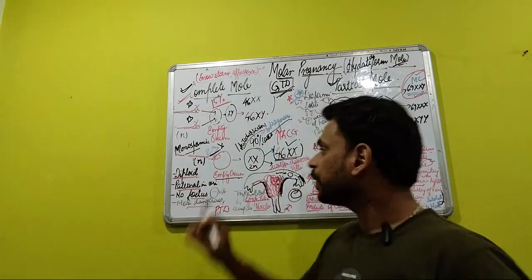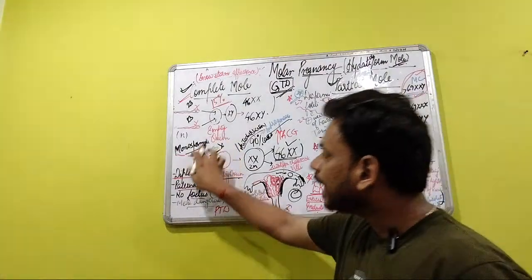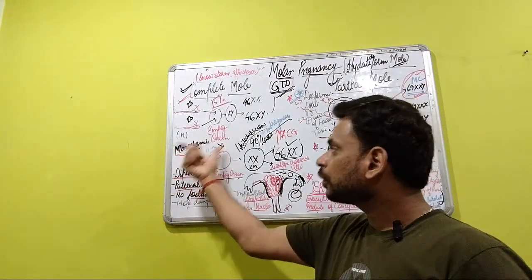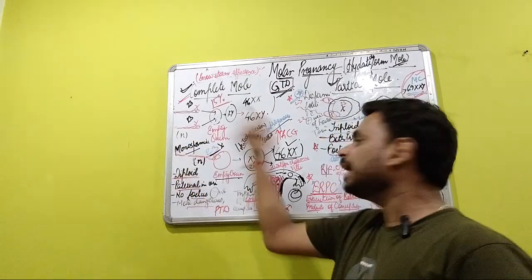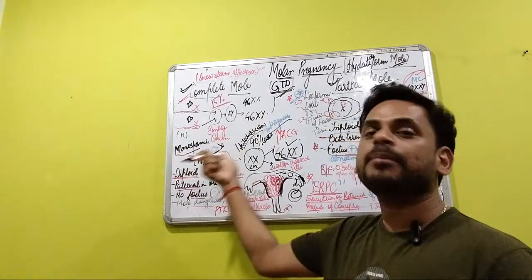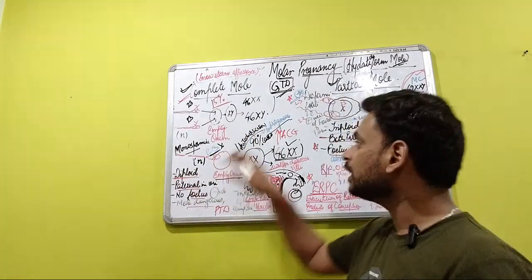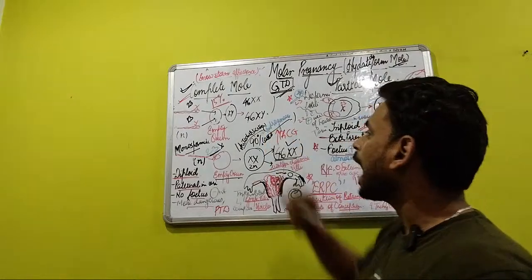Why? Because the chromosomes of the male parent are getting duplicated inside an empty ovum. This duplication is auto duplicating by itself, and the condition is called androgenesis.